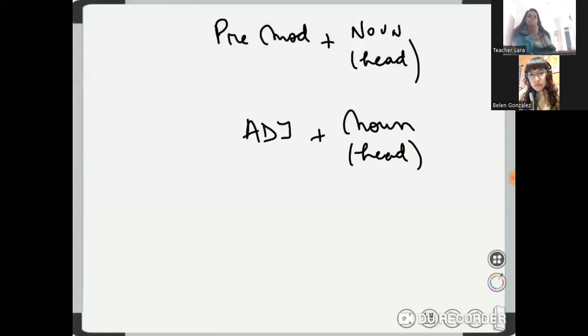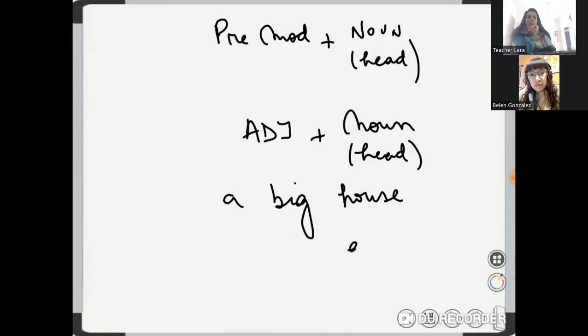Now, it is important to remember this because in Spanish we use adjectives generally after the noun, and this will bring problems to your students. So, given a noun, house, the characteristic you want to give about the house is that it is big, so you will speak about a big house.